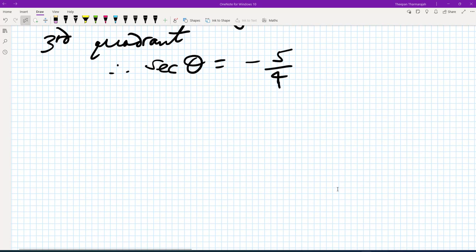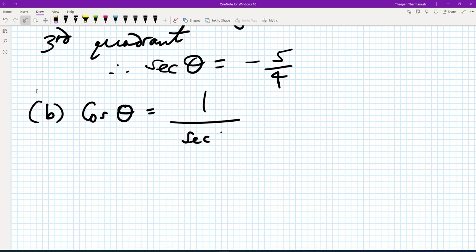Now to find cosine theta, that's easy. It's 1 over sec theta. So that's the reciprocal, so it's minus 4/5.